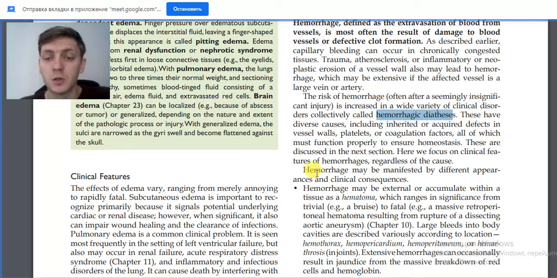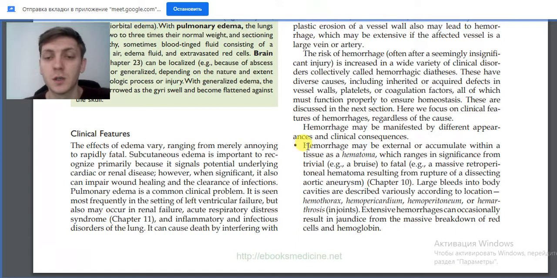Hemorrhage may be manifested by different appearances and clinical consequences. It may be external or accumulate within a tissue as hematoma. Hematoma is an accumulation of blood inside the tissue.